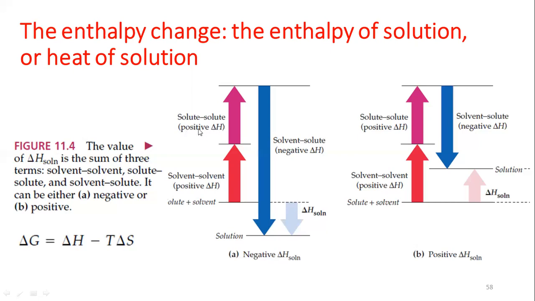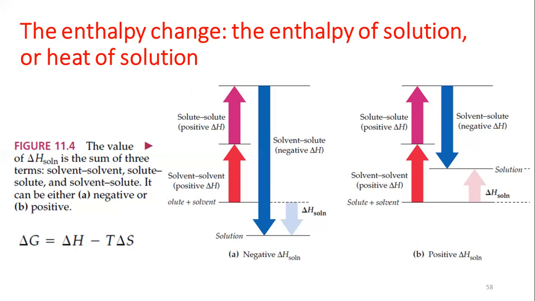That means the change in enthalpy is positive, and you call this the endothermic process. And when the solutions are formed, that means there should be interaction between the solvent molecule and the solute, and then the energy is released. When energy is released, this is called exothermic, and the change in enthalpy is minus or negative.